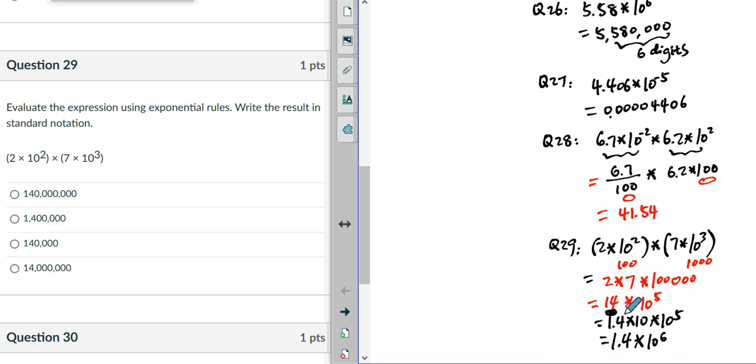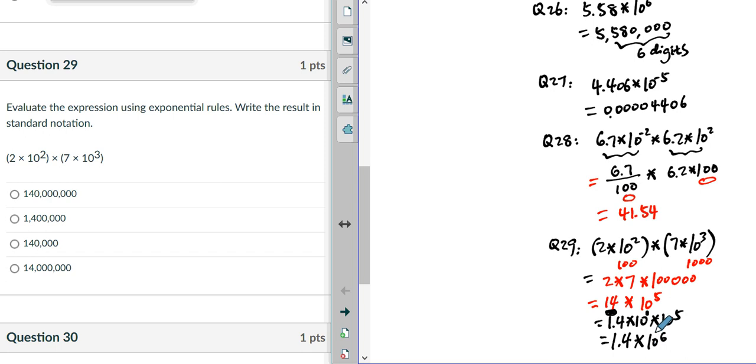So we know 14 is 1.4 times 10, and then 1 times 10 to the fifth, you simply add the exponent for 10 which is 1. Here is 1, here is 1, here is 1. Okay? So you simply add 1 and 5, you got that.